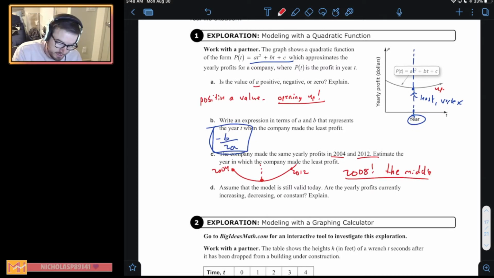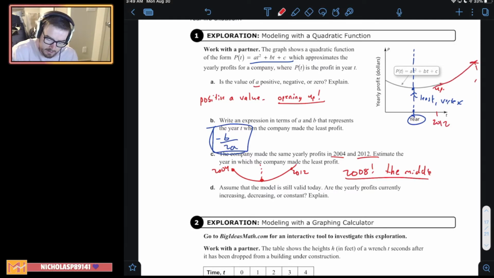Assume that this model is still valid today. Are the yearly profits currently increasing, decreasing, or constant? Well, they're definitely increasing because our parabola is on its way up now. It's not going to come back down for any reason. If this is 2012, for example, that means as time goes on, it's just going to continue up.